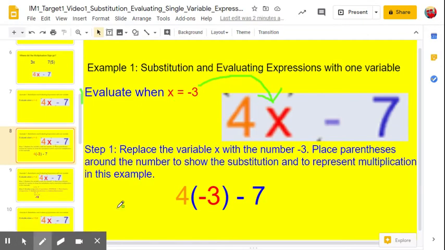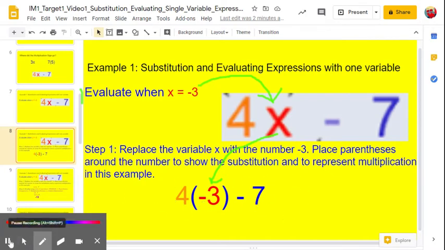Now, it's important that you show the substitution work to me. So when you write this out, I want you to use parentheses for what you're replacing the x with. So it looks like this, right? It's 4 parentheses, negative 3 parentheses, minus 7. So you show that you did the substitution of negative 3 for the x. You replaced it. All right, so I want to see that in your work.